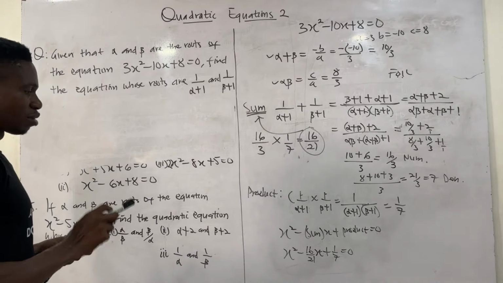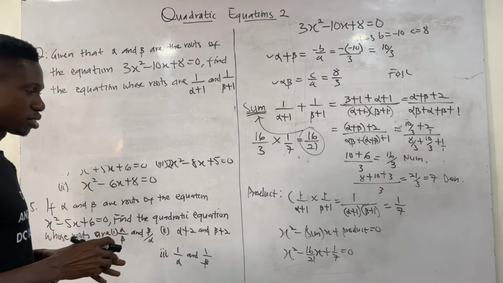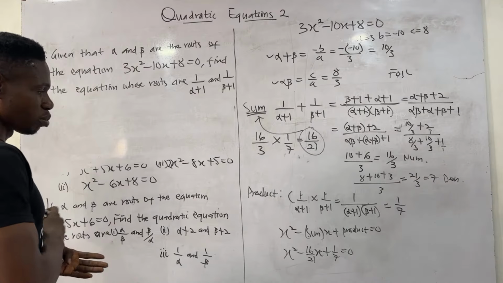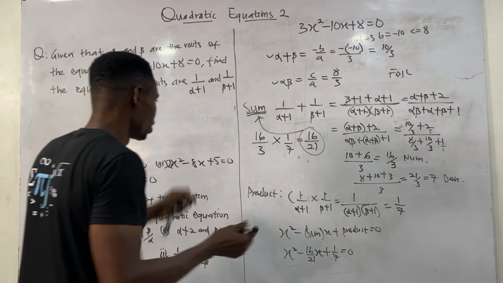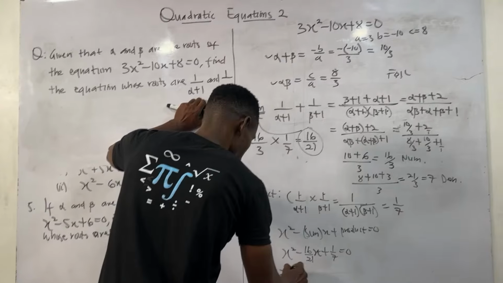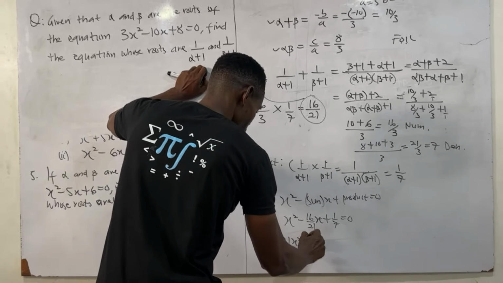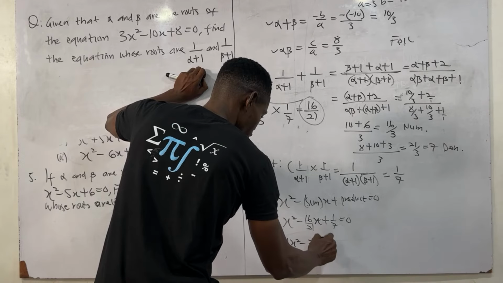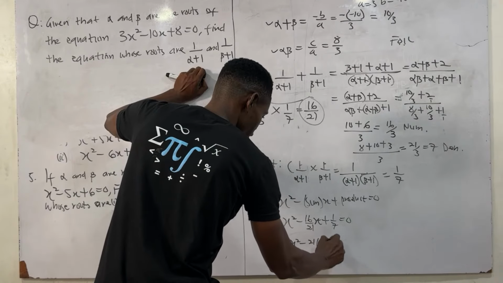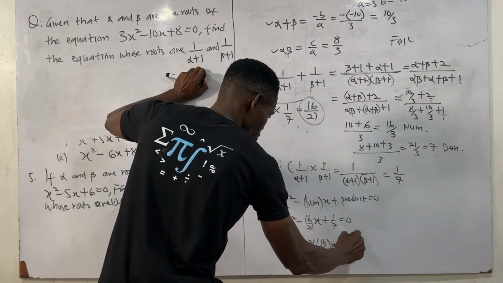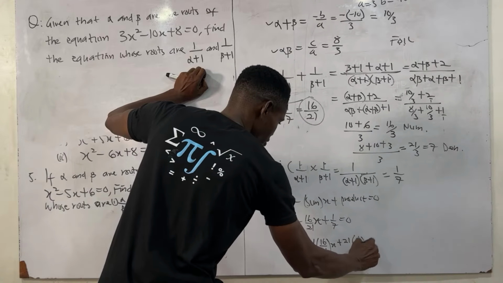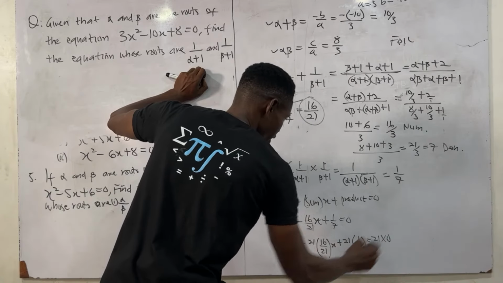So the LCM of 21 and 7, which are the denominators, is 21. So multiply throughout by 21. So we'll have 21x squared minus 21 into 16 over 21 x plus 21 into 1 over 7 equals 21 times 0.